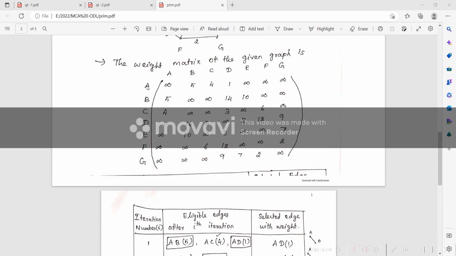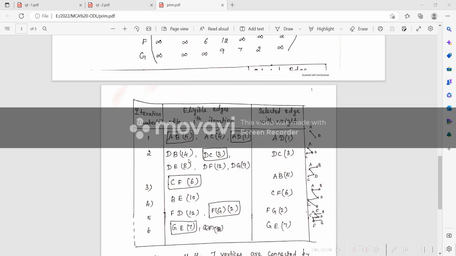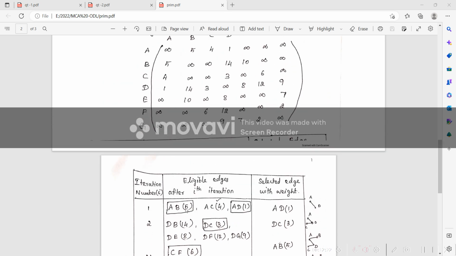So we are starting from the initial vertex, namely A. So what edges are available? AB is available, AC is available, AD is available. These are numbers, the remaining are infinite. So only these edges are emerging from vertex A. So we are considering those things with weight mentioned in the bracket.